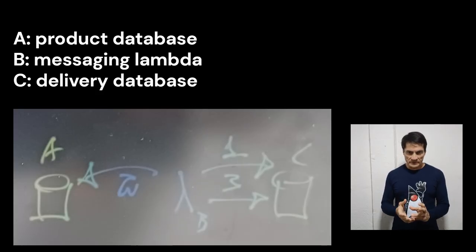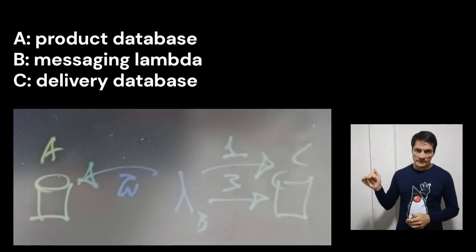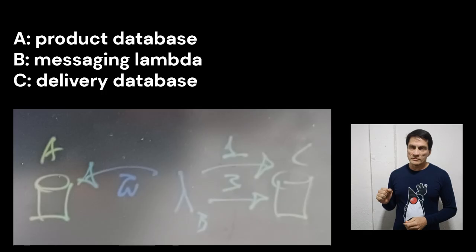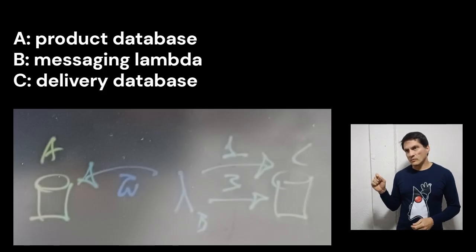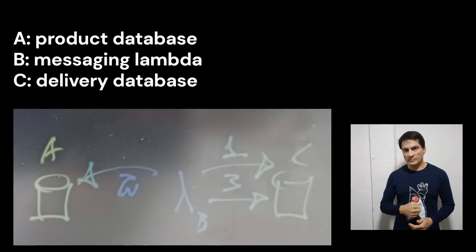The messenger system must read the inbox table in the delivery system to check out what was the last inserted ID from the product API.